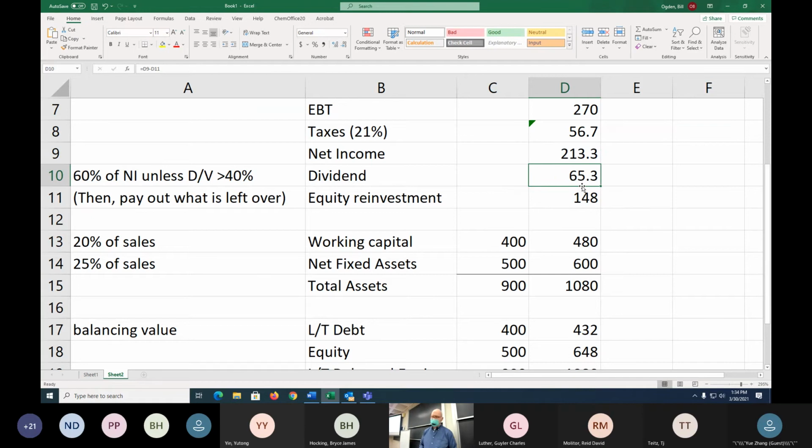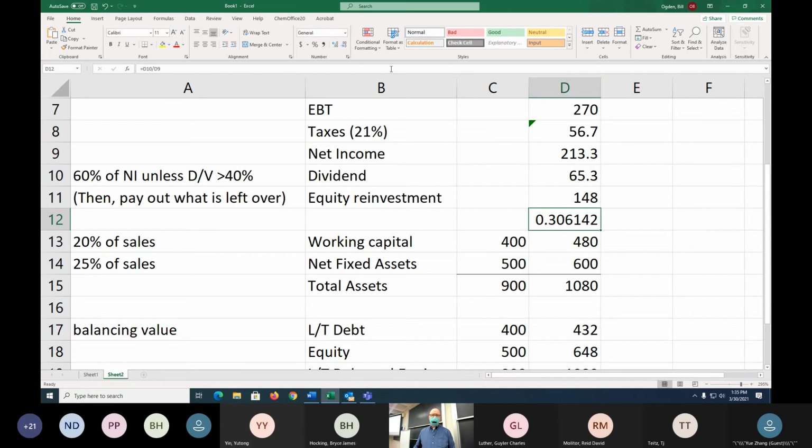Does that make sense? And now you'll see that our nominal dividend was 60% of earnings, except that we don't have sufficient earnings to pay that much. So we are paying out right now how much? 65 compared to 213.